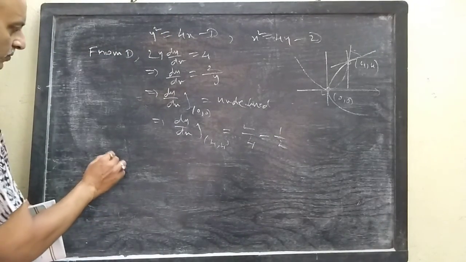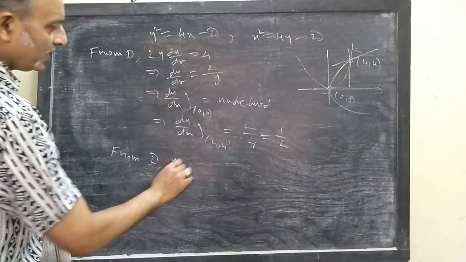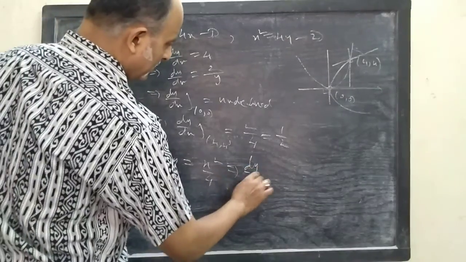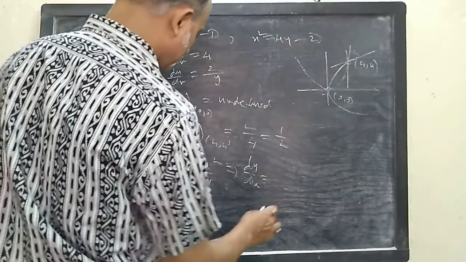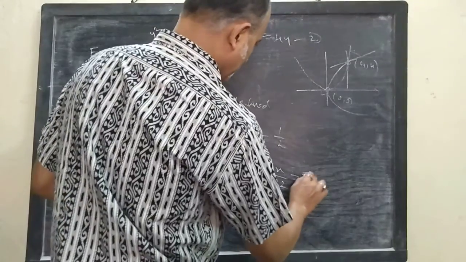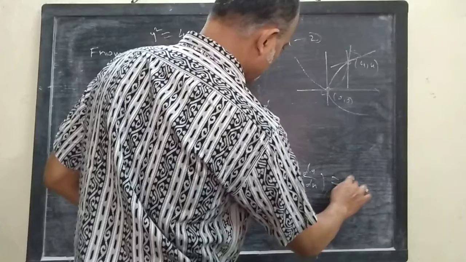Next, from 2, we have y equals x square by 4. That implies dy dx equals x by 2. That implies dy dx at 0, 0 is 0.